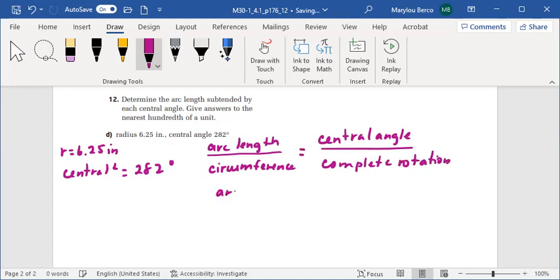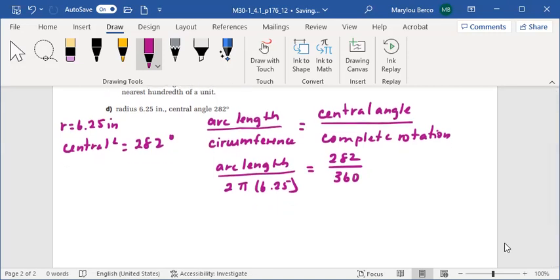So we have arc length over 2 pi by 6.25 equals 282 over 360.